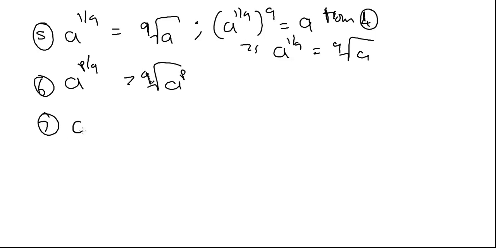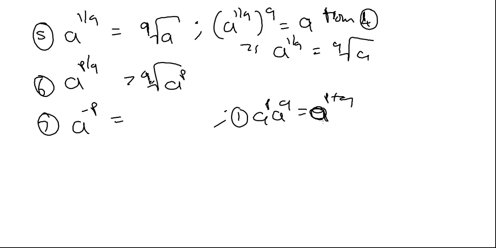Now a slightly new thing. What is a to the power of minus p? Well, I'm just going to go back to rule 1 here. That says a to the power of p multiplied by a to the power of q is a to the power of p plus q.